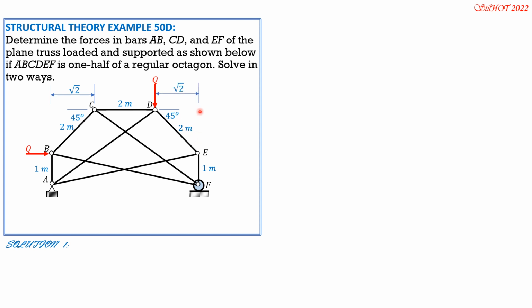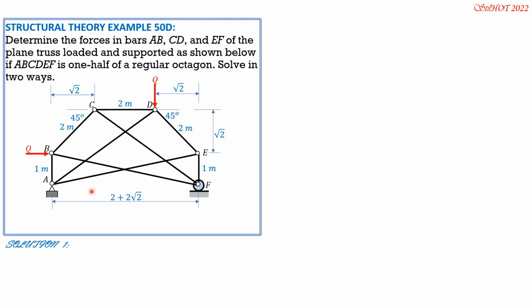Same is true here. And because this is 45 degrees, the vertical distance between D and E is also square root of 2. Same is true with B and C. So this distance is equal to 2 plus square root of 2 plus square root of 2, or 2 plus 2 square root of 2 meters.